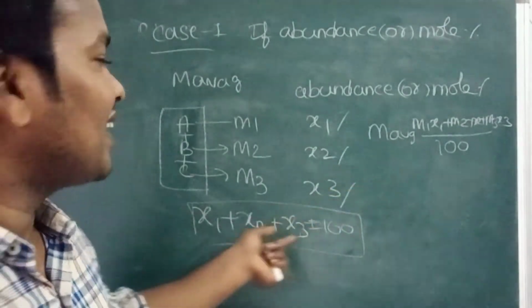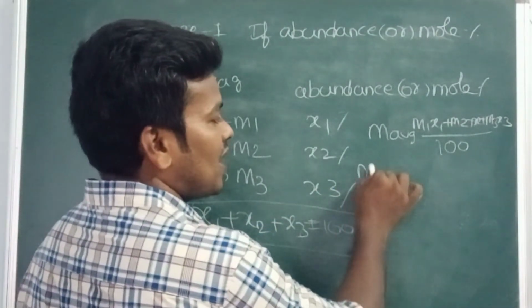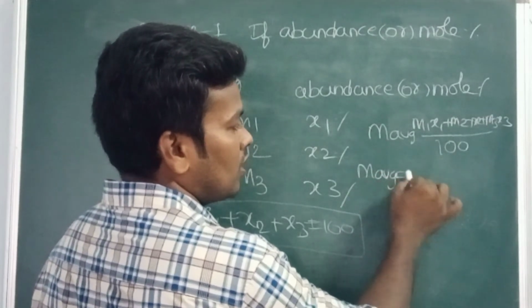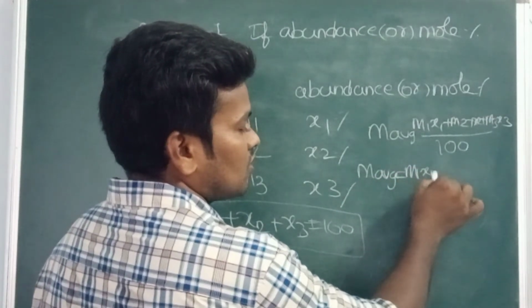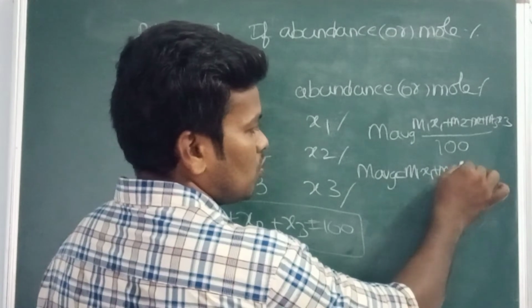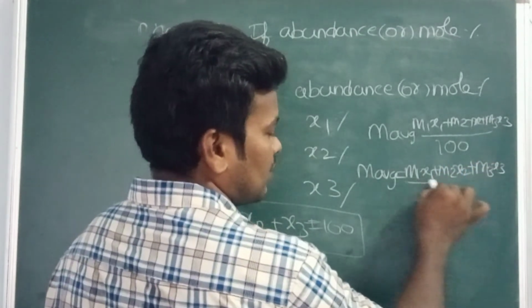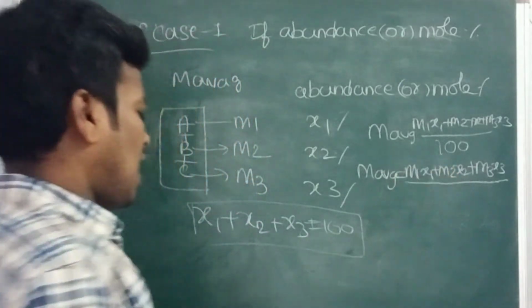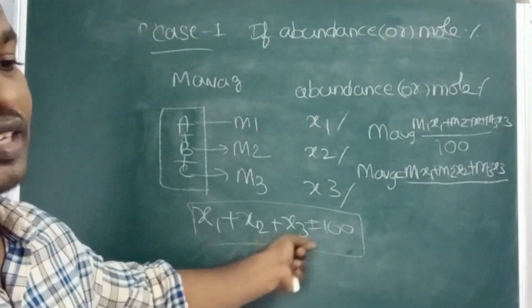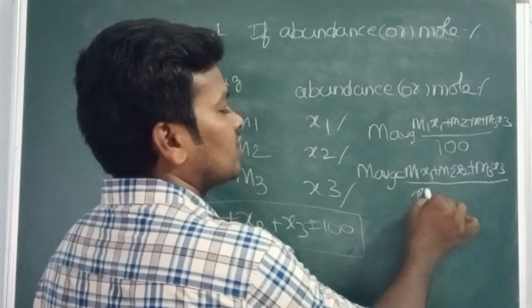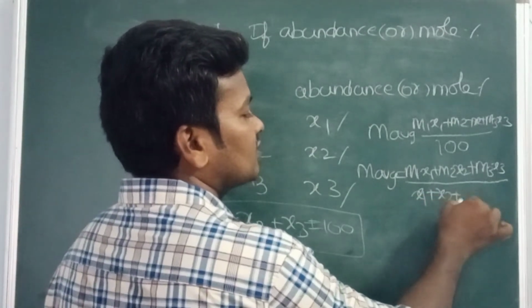That means I can replace this with 100. So M average is equal to M1 x1 plus M2 x2 plus M3 x3 abundance, plus, I know x1 plus x2 plus x3 is equal to 100. So x1 plus x2 plus x3.